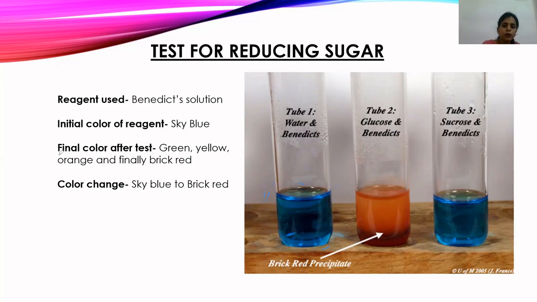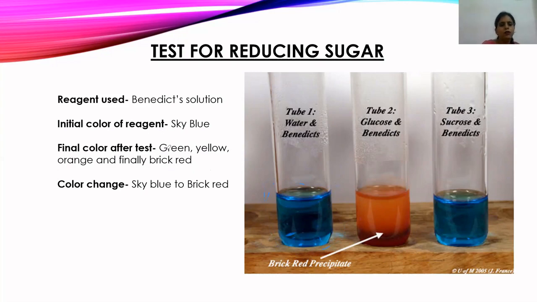Benedict solution always has this sky blue color, or in simple terms, blue color. When you perform the test for reducing sugar, the final color which you will get could be green, yellow, orange, or brick red. What color will appear depends on the amount of reducing sugar present in the food item.